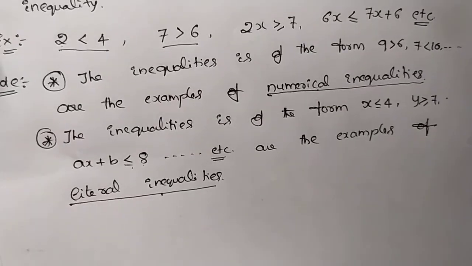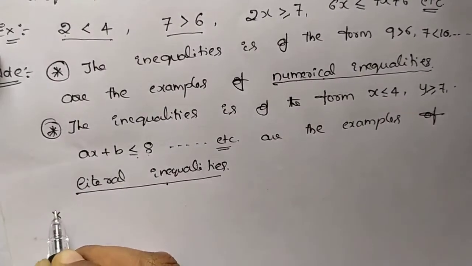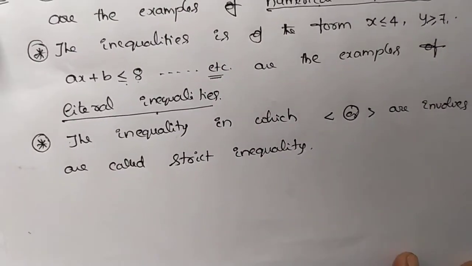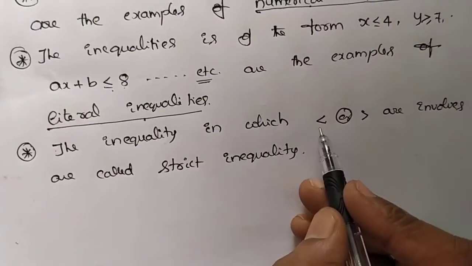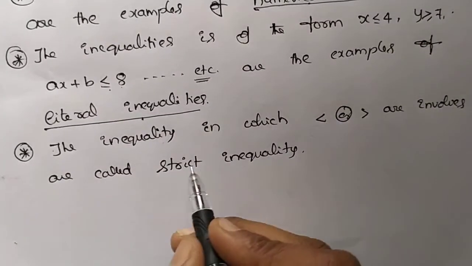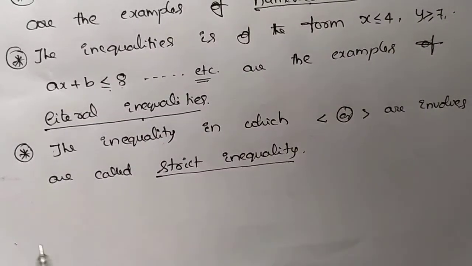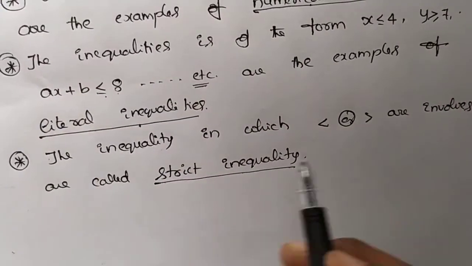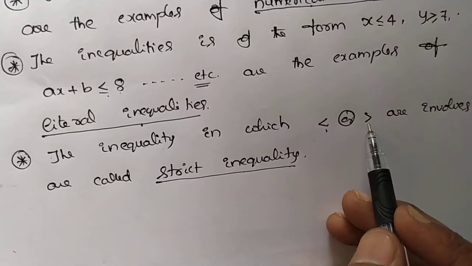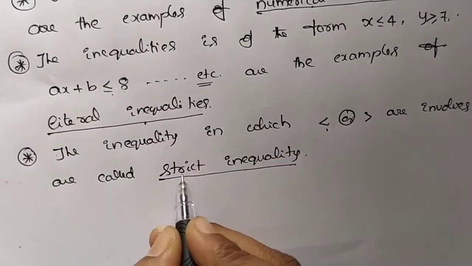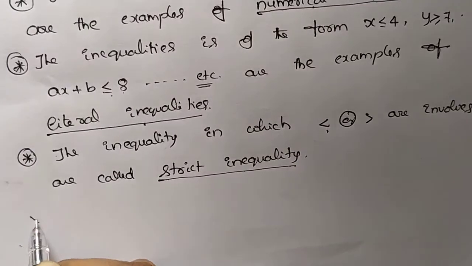Now, one more point. If an inequality involves the symbols less than or greater than, it is called a strict inequality. So it is a strict inequality.